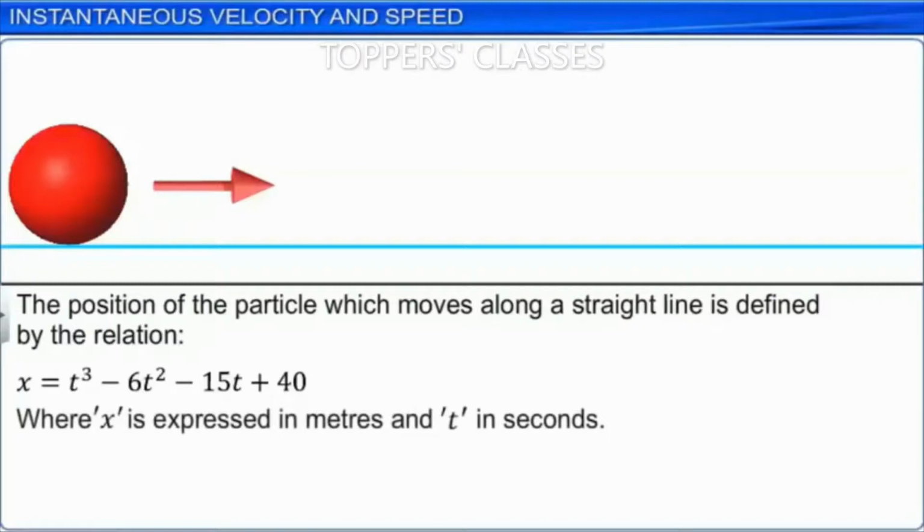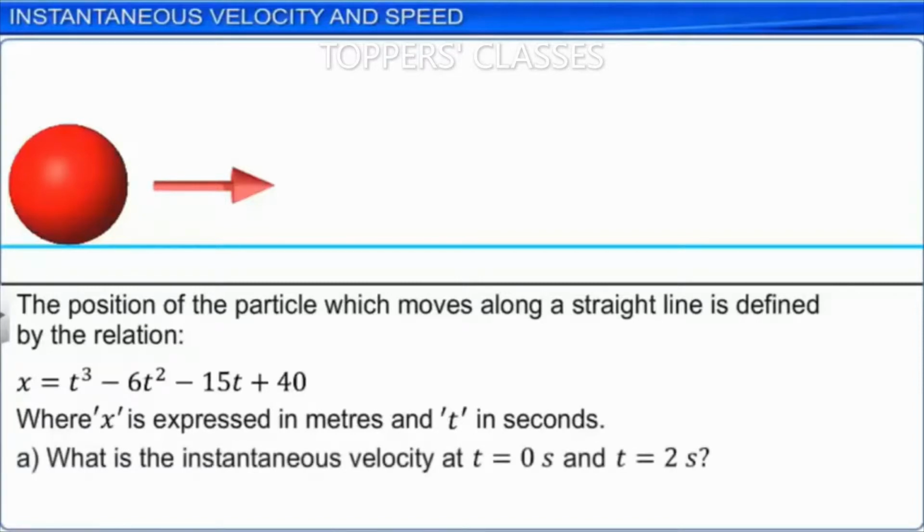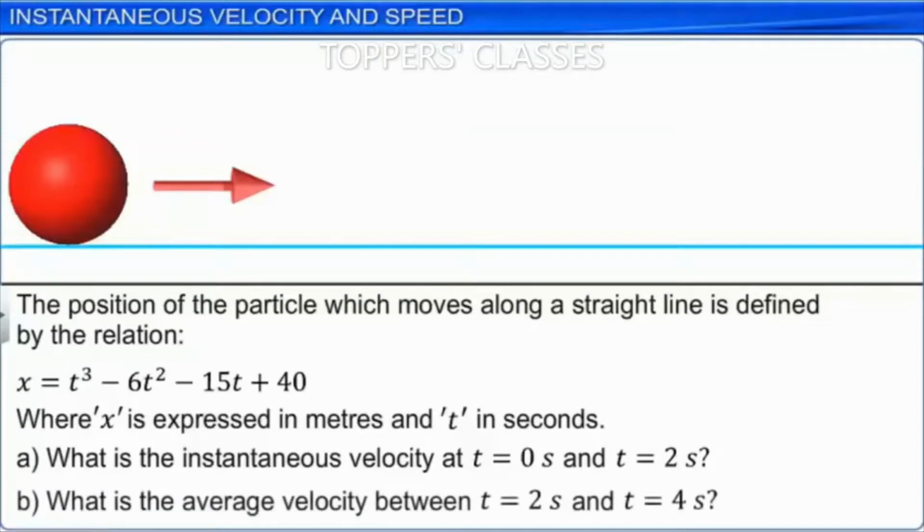What is the instantaneous velocity at t = 0 seconds and t = 2 seconds? What is the average velocity between t = 2 seconds and t = 4 seconds?